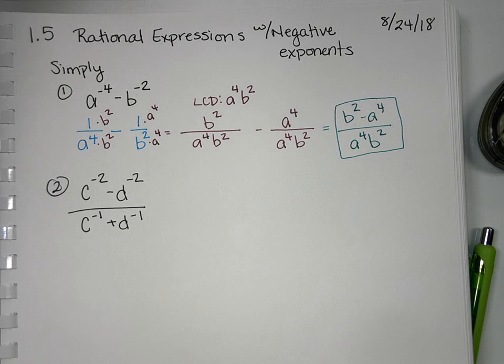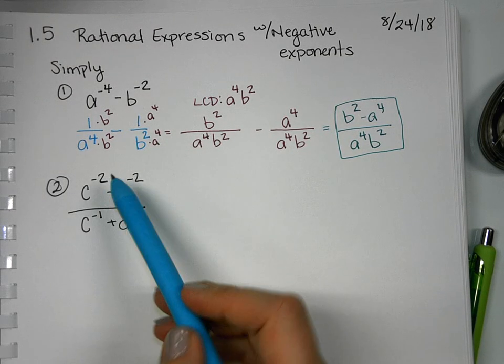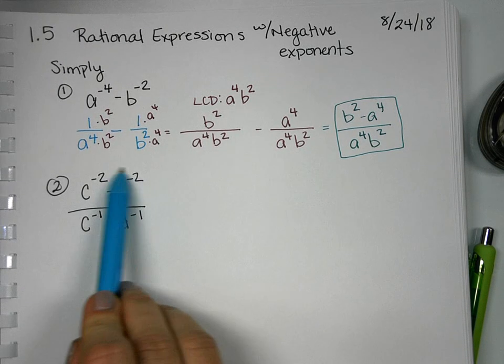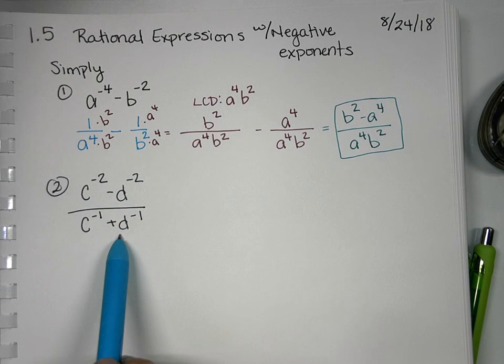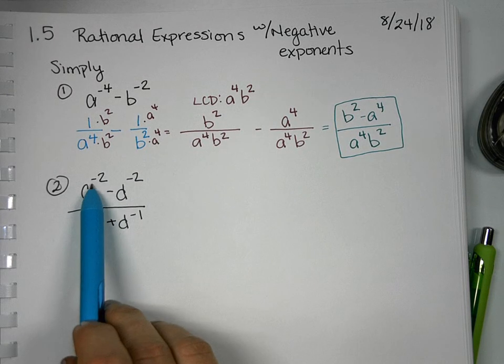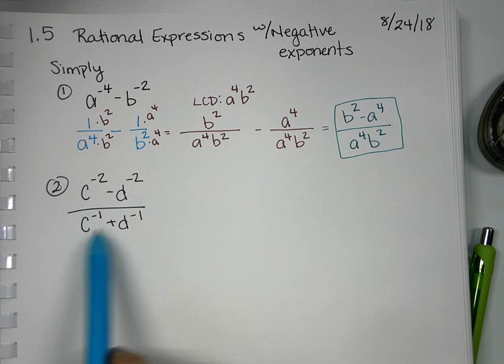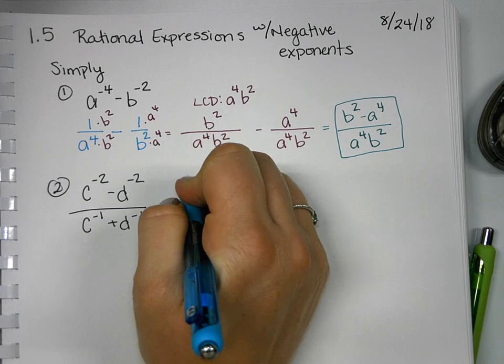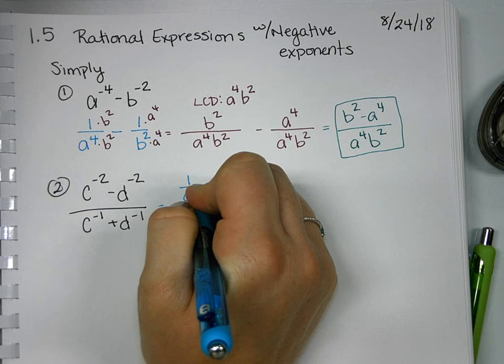So for this one, one of the things we have to remember is, because of this minus and this plus, we can't just move all of this down here. It doesn't work that way. You have to turn each individual term into a fraction. So c to the negative 2 will become 1 over c squared.